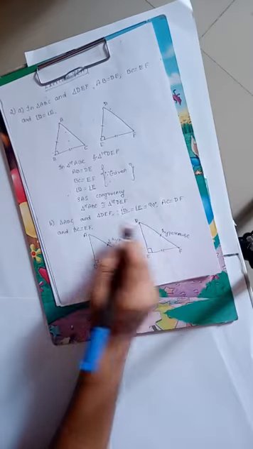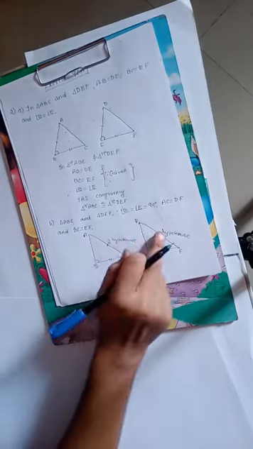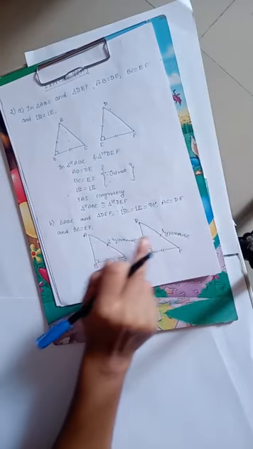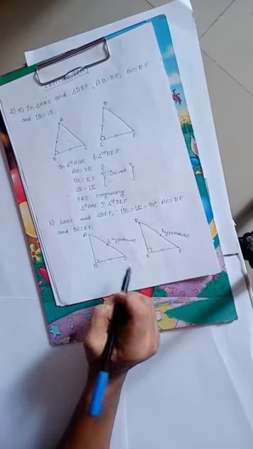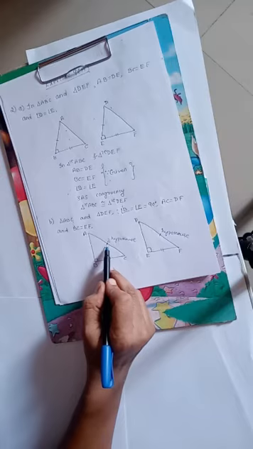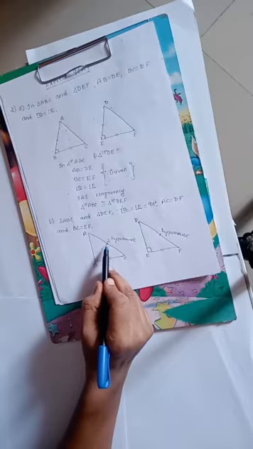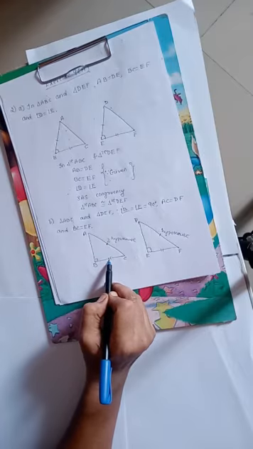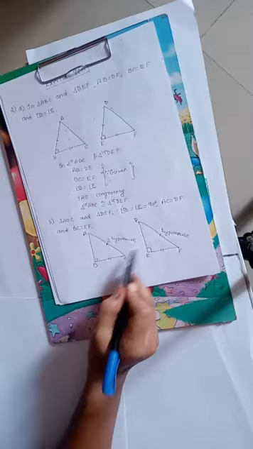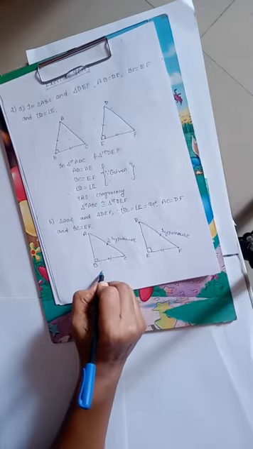The two hypotenuses are equal, and one more side is also equal. Right angle, hypotenuse and side: by that congruency, you can tell that these two triangles are congruent.